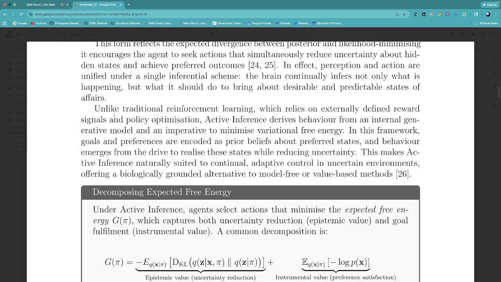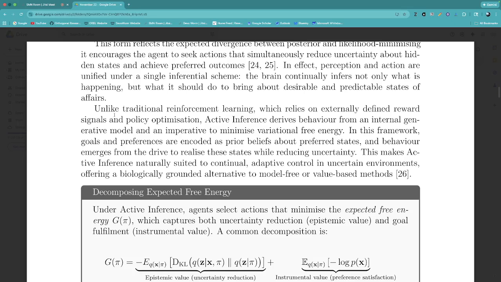Unlike traditional reinforcement learning, which relies on externally defined reward signals and policy optimization, active inference derives behavior from an internal generative model and an imperative to minimize variational free energy. So goals and preferences are encoded as prior beliefs about preferred states, and behavior emerges from the drive to realize these states while reducing uncertainty.